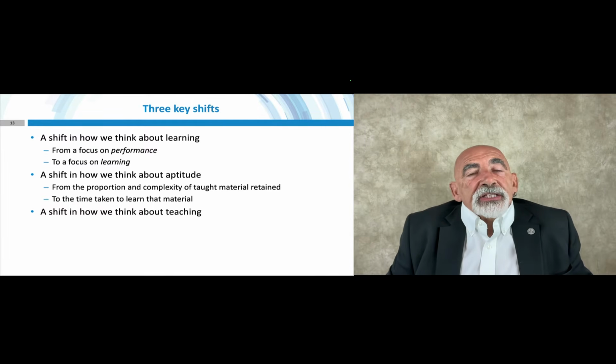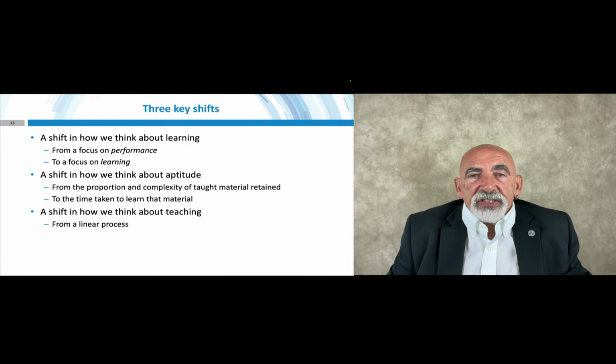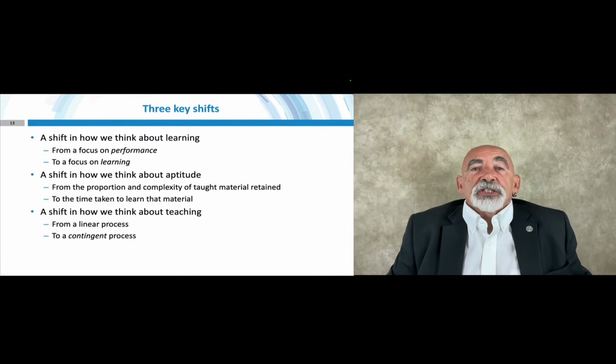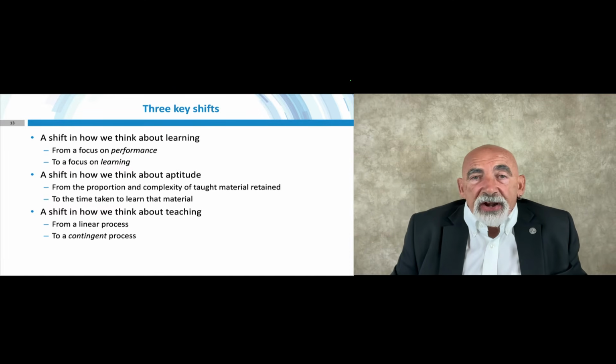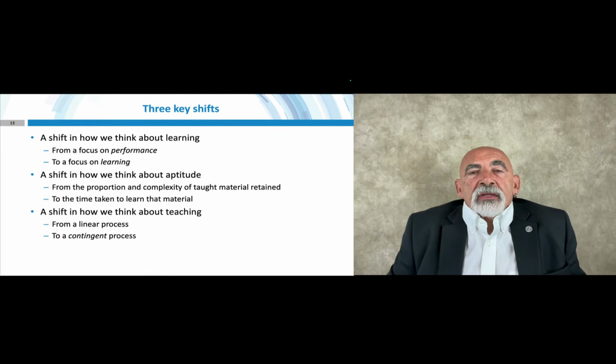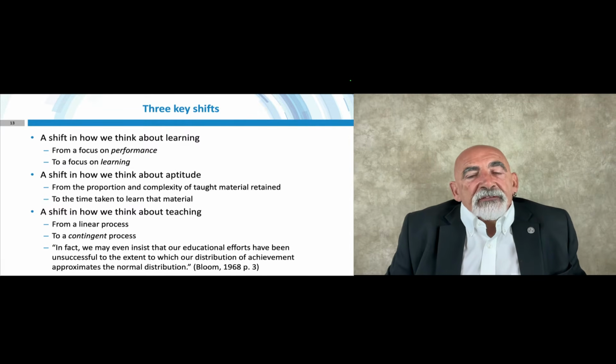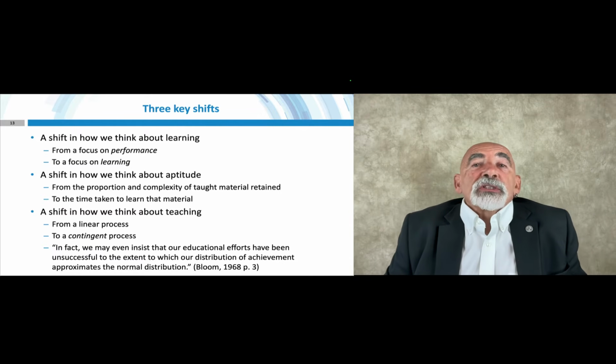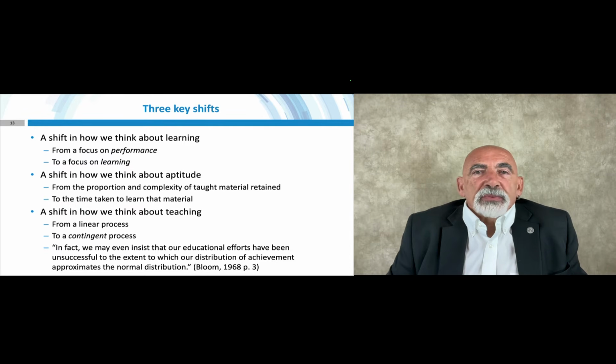And then the third key shift is a shift in how we think about teaching from a linear process, where we teach things in a sequence, to a contingent process. In other words, we stop and find out what the students learned before we decide what to do next. And Benjamin Bloom, building on John Carroll's work in the late 1960s, pointed out that if our educational efforts result in a normal distribution of achievement, a bell curve, we are not doing our job properly.